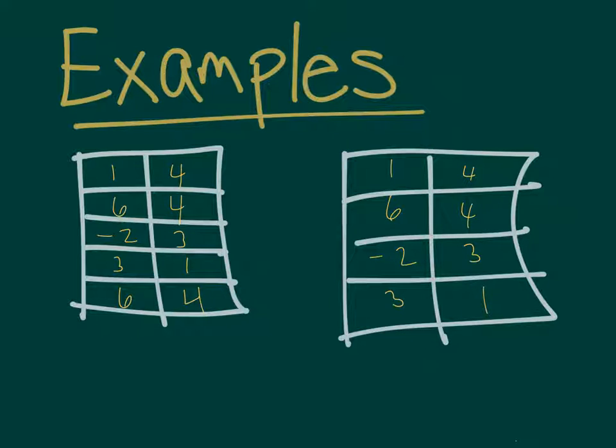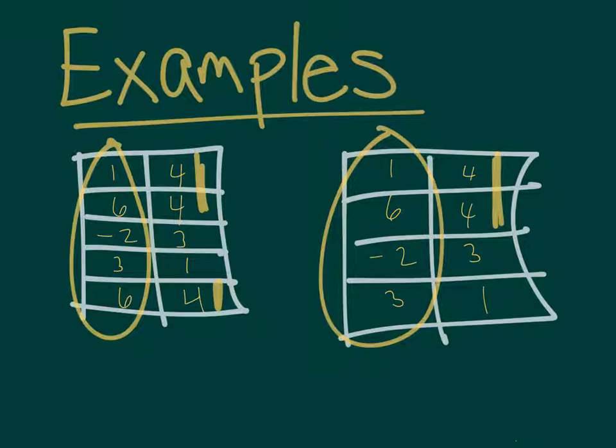If you look carefully, you'll see both of them have something interesting going on where there are some numbers that are doubled up, or in the first case, tripled up. That doesn't matter. What matters is what's happening in this column. In these columns, you can only have each number once. Once you have a number twice, it is no longer a function.